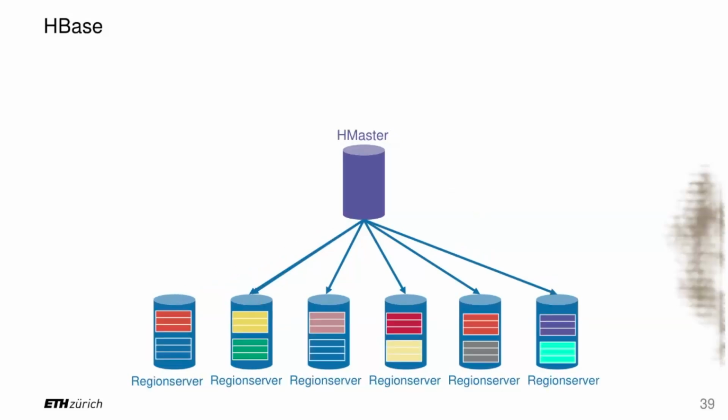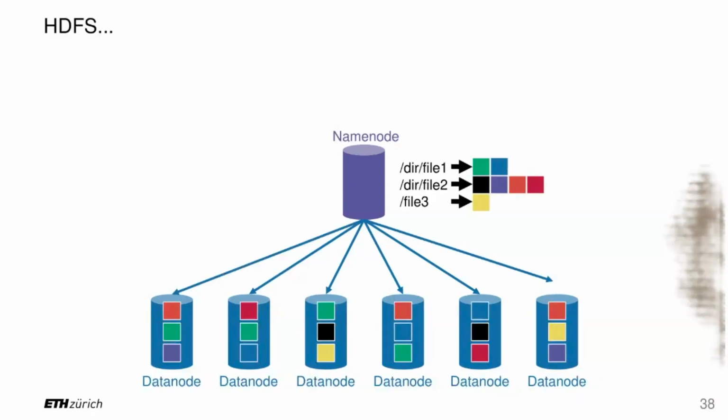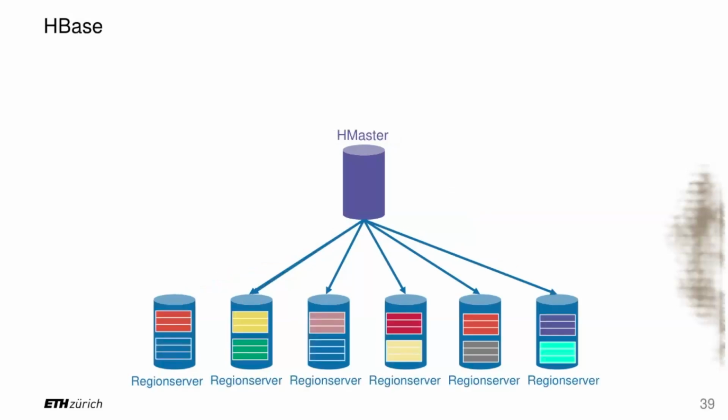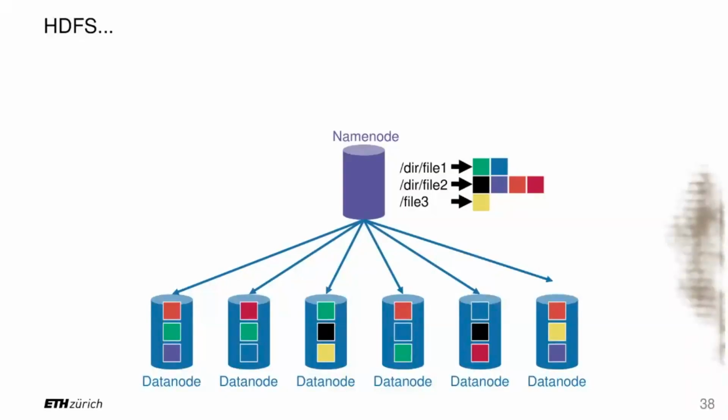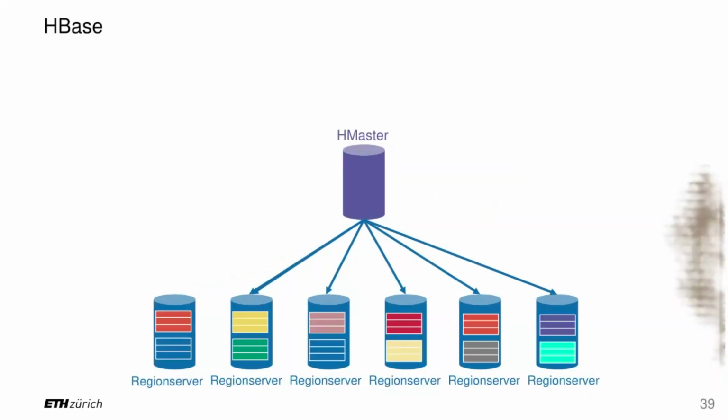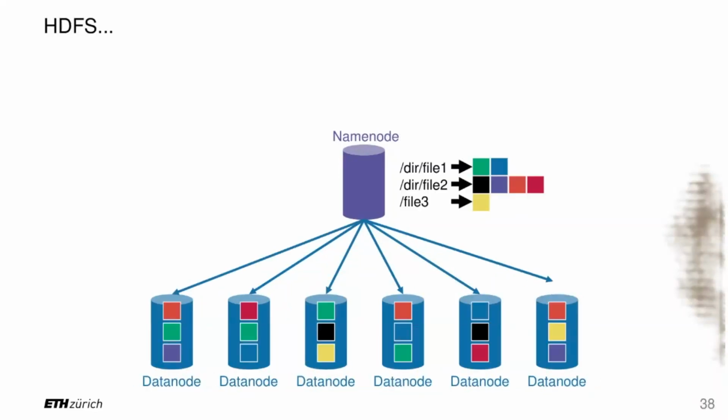And so what we have here is that the HMaster is also going to be a process that runs typically on the same machine as the name node, the same physical machine. We have a name node process and the HMaster. If somebody would log on to that machine, and imagine it has a fancy operating system, typically Linux, and if you would press Alt-Tab, you would basically have name node and HMaster to switch between.